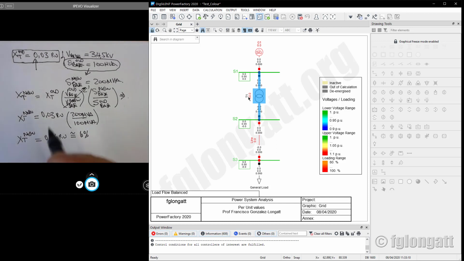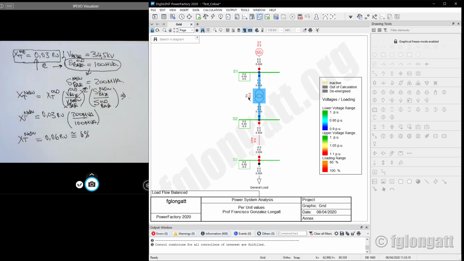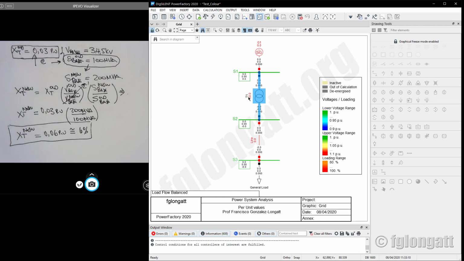You must be careful because the data that is given is at 100 MVA. If you don't want the red color, yes, I don't want the red color, I want to use 200 MVA. Okay, if you want to use 200 MVA, but be careful. You must be responsible because you need to adapt your reactance in order to get the proper results, okay?